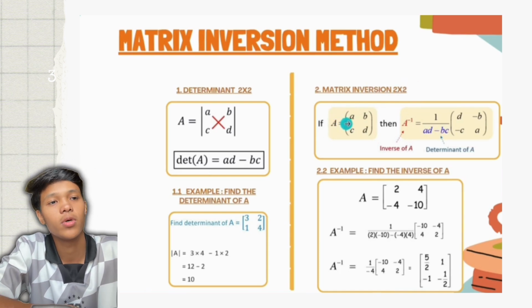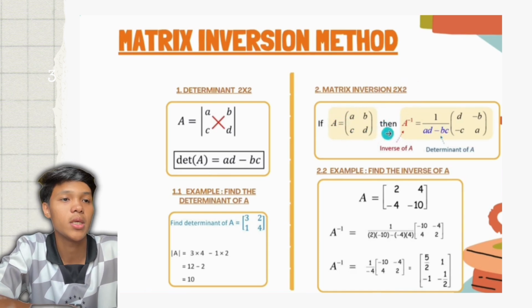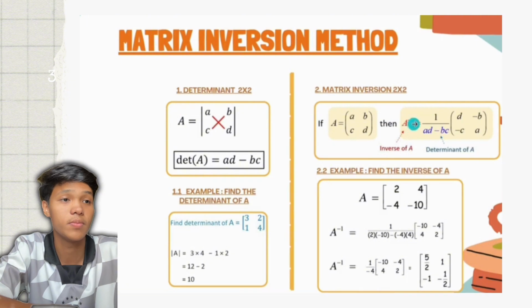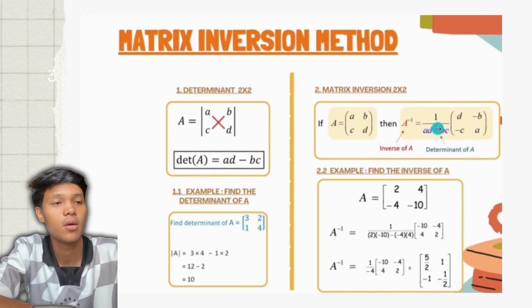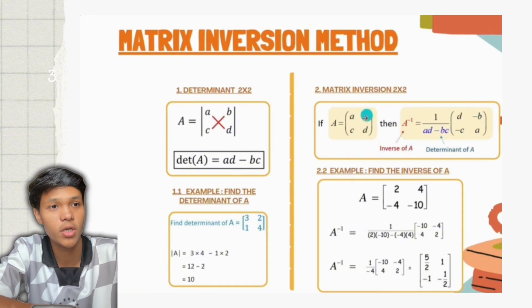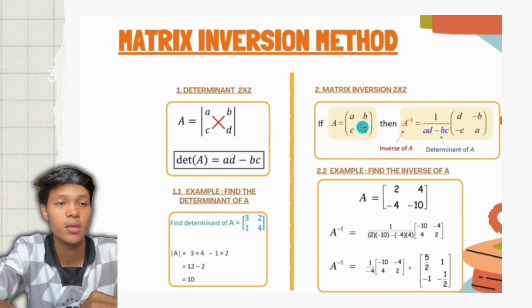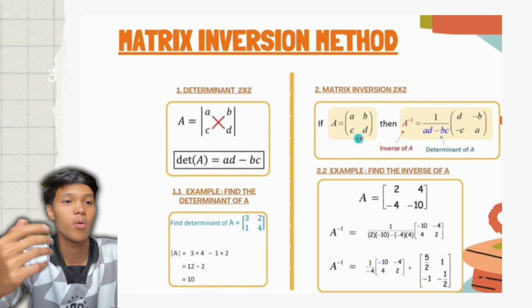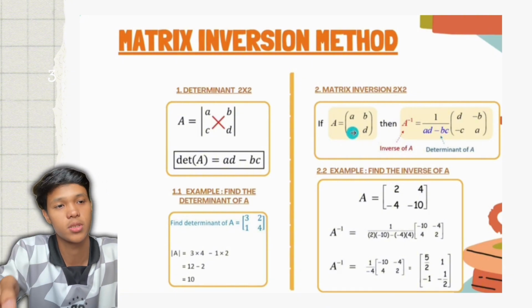If A is equal to A, B, C, D, denoted as A inverse, the equation will be 1 over the determinant, and D, negative B, negative C, and A. To solve this problem, A and D change their positions, and B and C change their signs, positive to negative and negative to positive.